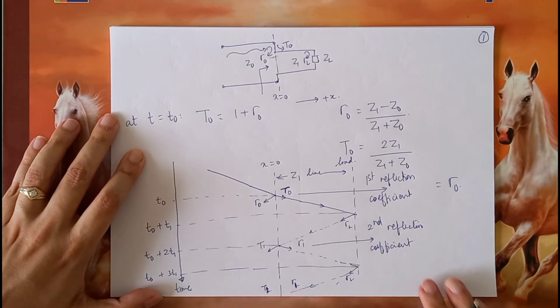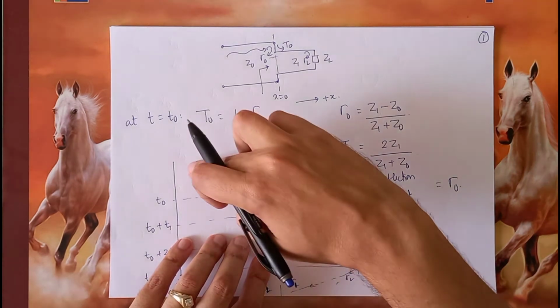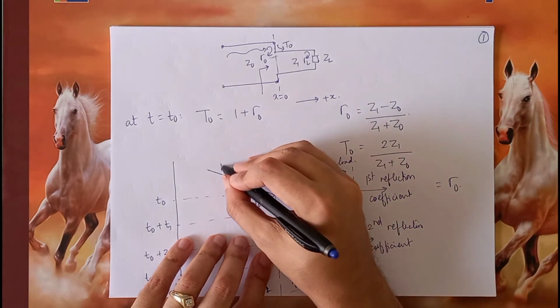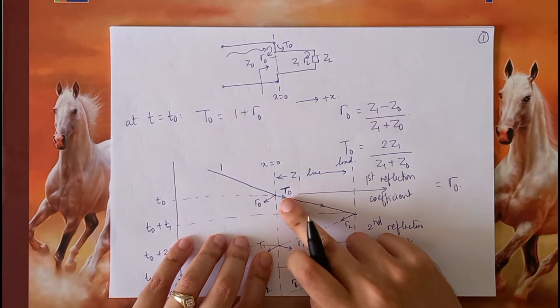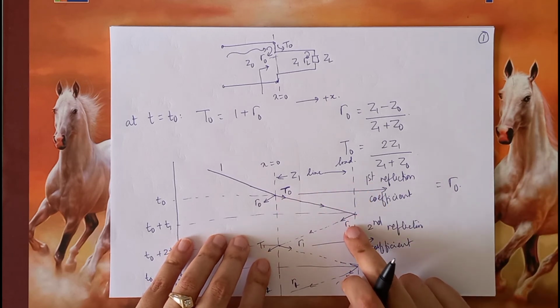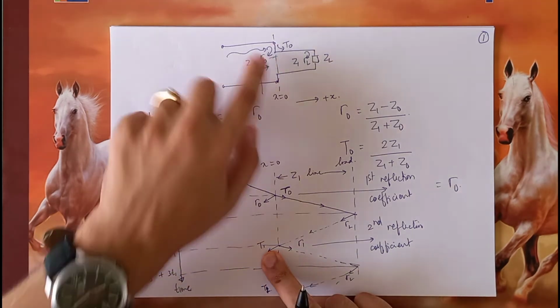Now it is not so easy. We have to see what gives rise to this wave. This wave comes because of this incident wave, which, let us say, has a magnitude of 1. It undergoes a transmission coefficient T0, a reflection coefficient gamma L, and another transmission coefficient T1 at this junction.